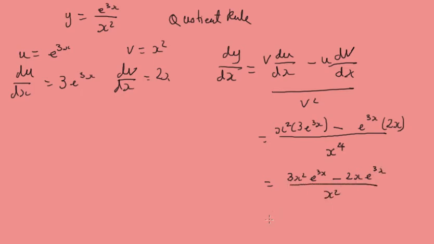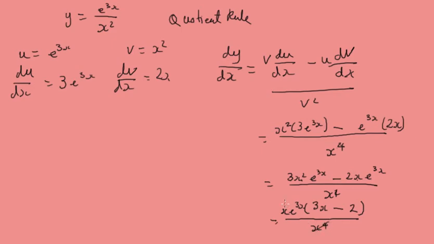Now what can we take out? We're going to take an e to the 3x out. We're going to take an x there and an x there, so we'll take the x out, and that'll give us 3x minus 2, all over x to the 4.